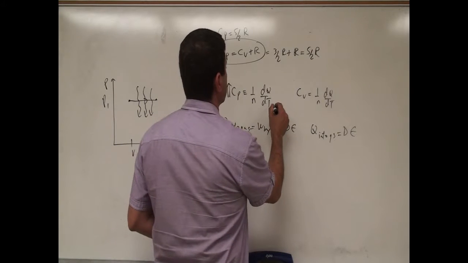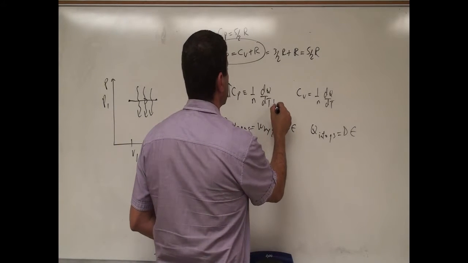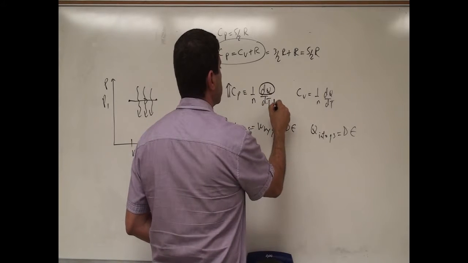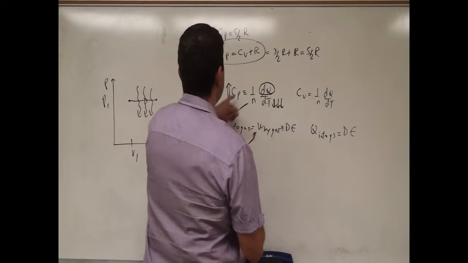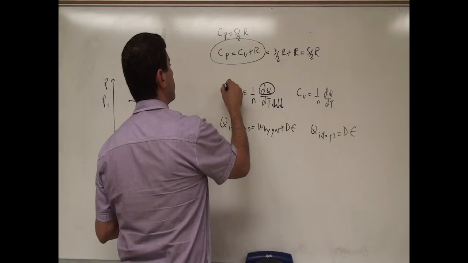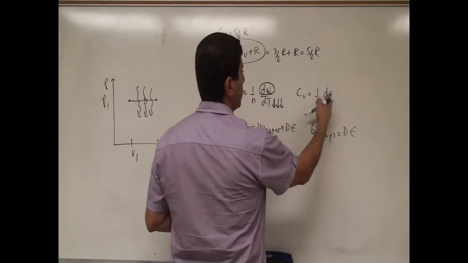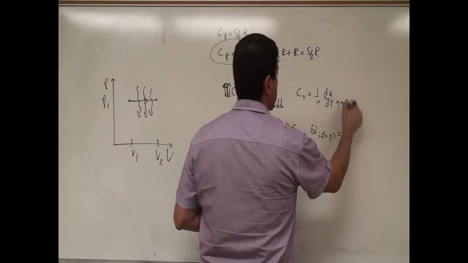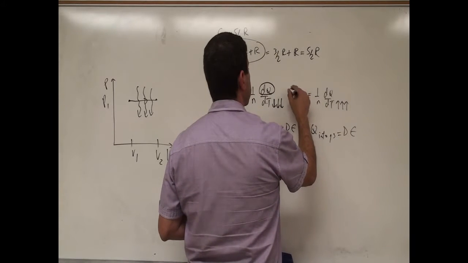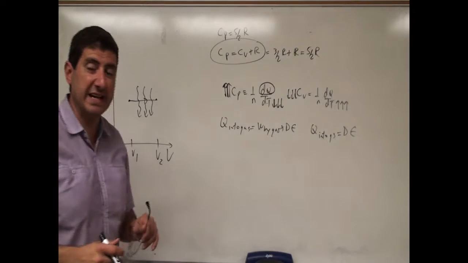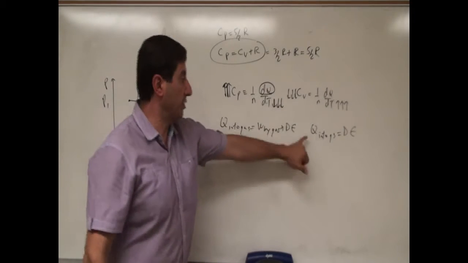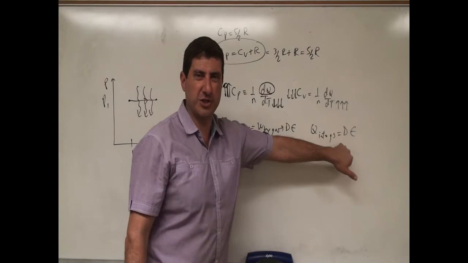So since the temperature change is not as much, for a certain amount of heat flow, the delta T is less, right? That means the Cp is more, okay? For a given amount of heat flow for constant volume, the change in temperature is more, and therefore the Cv is less, right? So that means a gas is easier to heat up at constant volume because all the heat that you put in goes into changing its temperature.